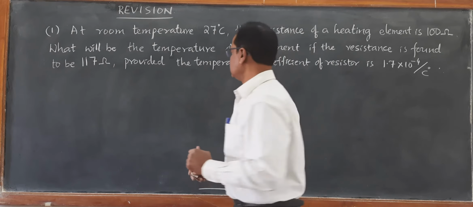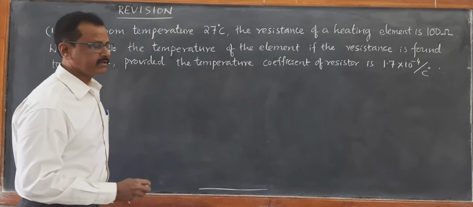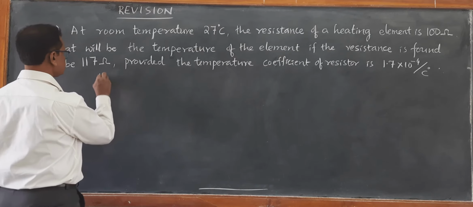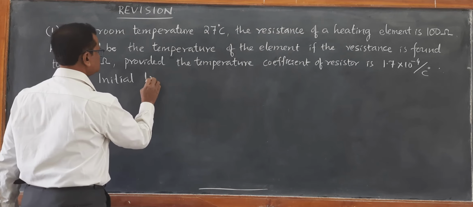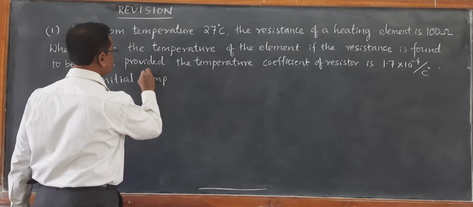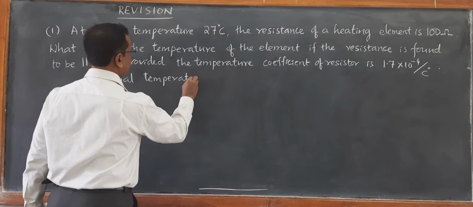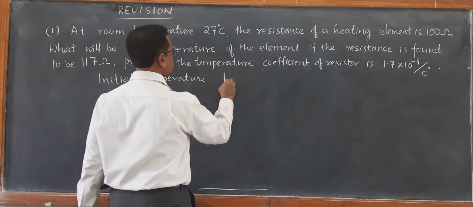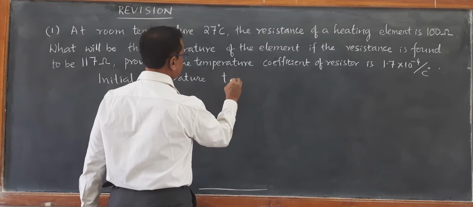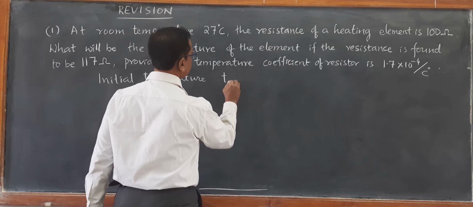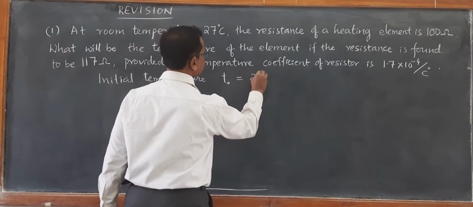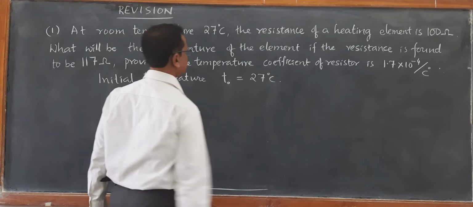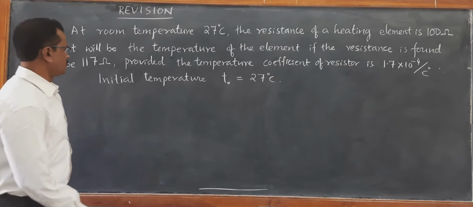Look at this. First, list the things that are given. Initial resistance. Okay, initial temperature. Let us take it as T naught, 27 degrees Celsius. Room temperature.